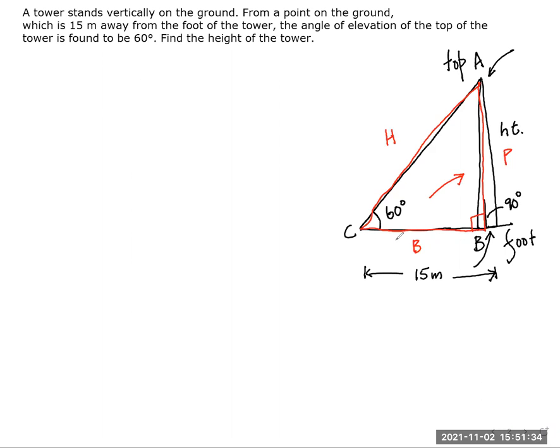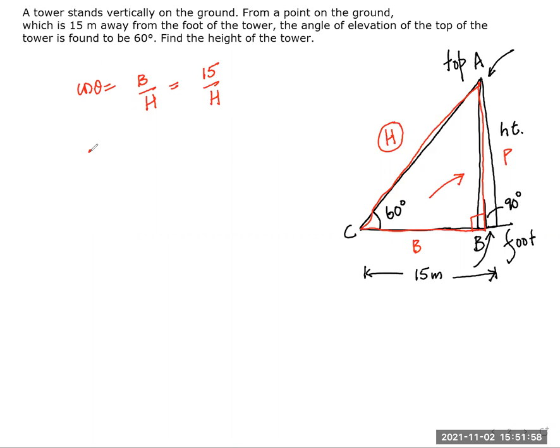So you can do the sums in so many ways. First, you can do the sum from cos theta. Cos theta is base by hypotenuse. From this, you can find hypotenuse, and then by sine theta, you can find the height. See, cos theta is base by hypotenuse. So base is 15 divided by hypotenuse.